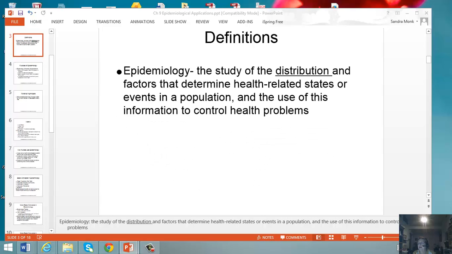practice. Some definitions. Epidemiology is the study of the distribution and factors that determine health-related states or events in a population, and the use of this information to control health problems.